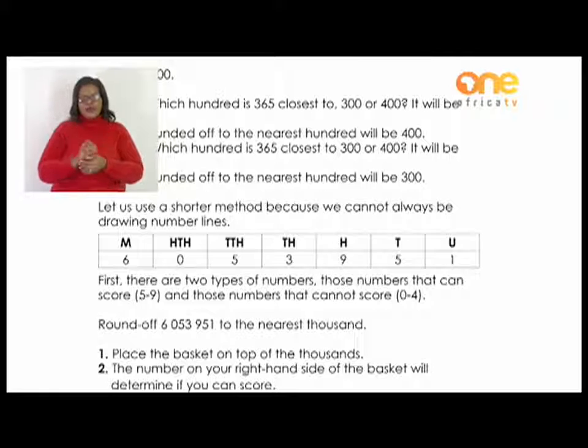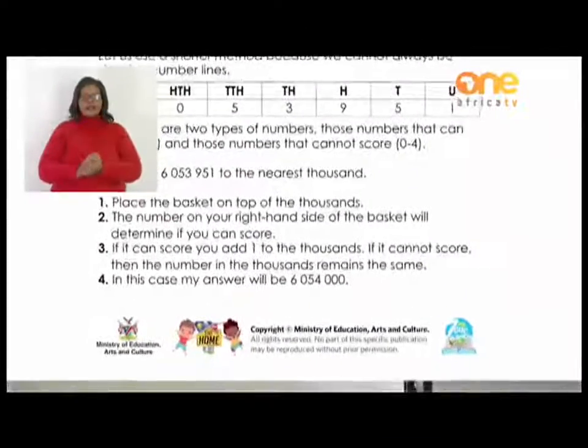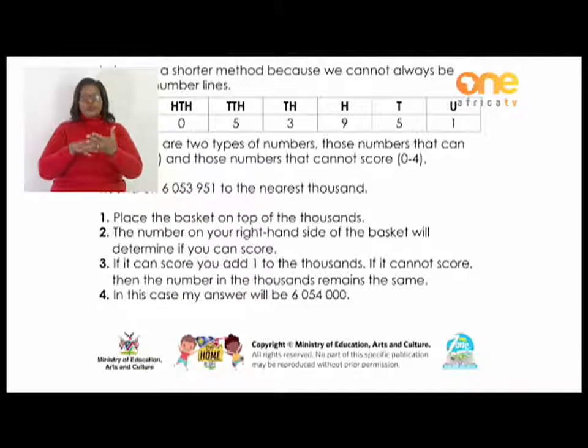Let us use a shorter method because we cannot always be drawing number lines. There is a chart or a diagram here which indicates the place values and the numbers. We need to make a little correction there at 100,000, 10,000, and 1,000.